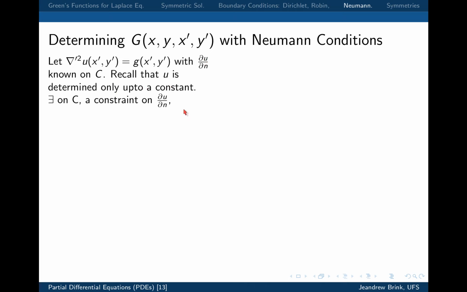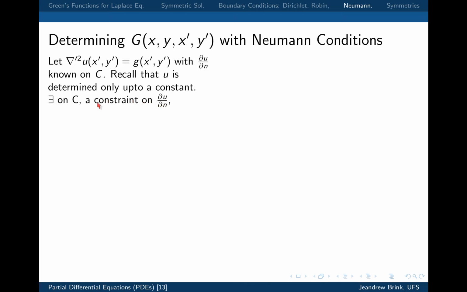But there's also something new here, which is that there exists on C a constraint on du/dn. We're not totally free to choose du/dn.